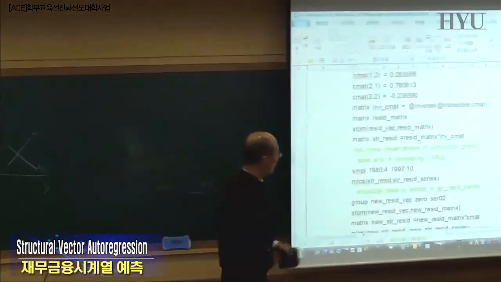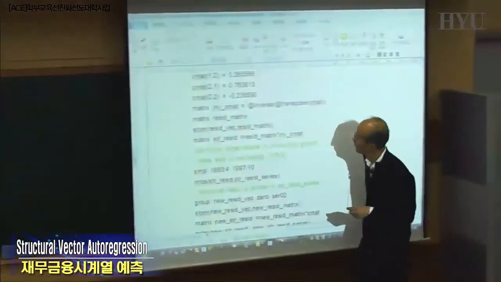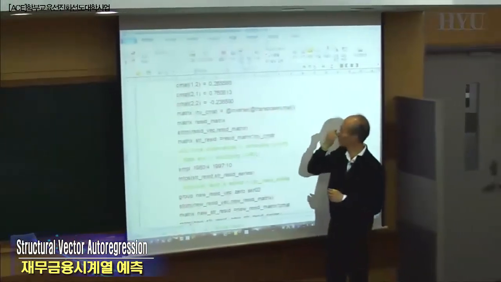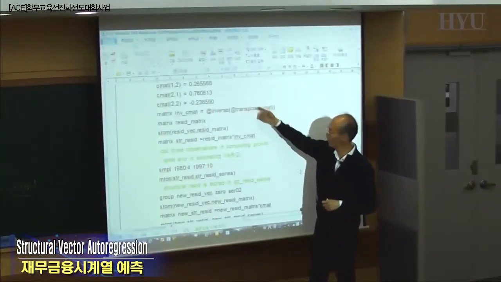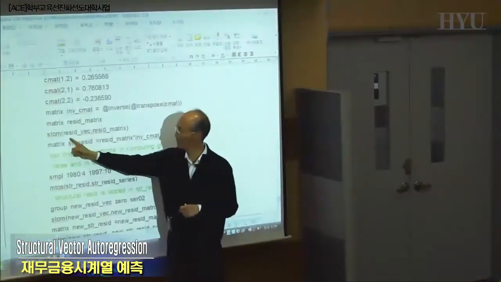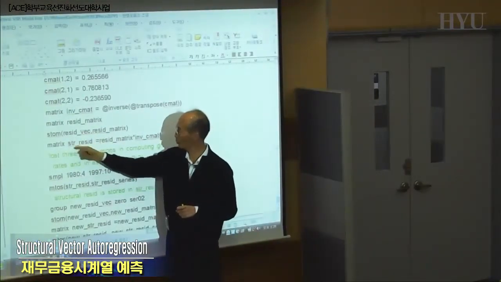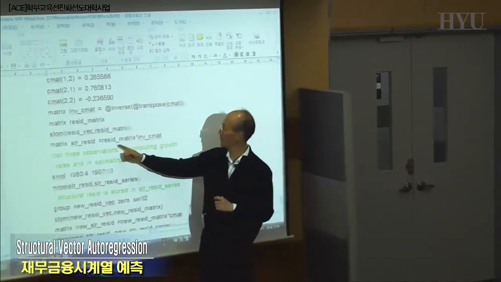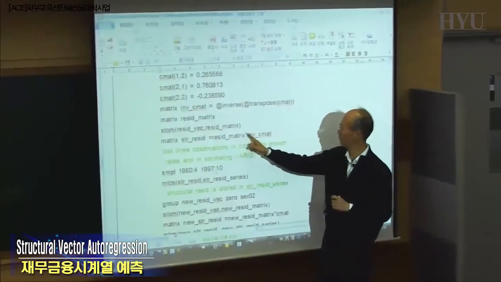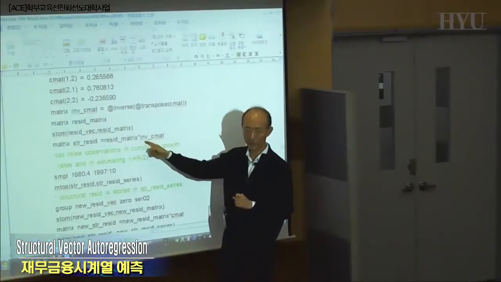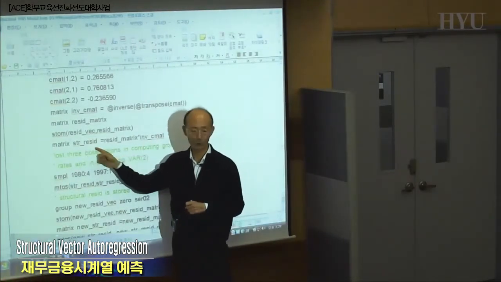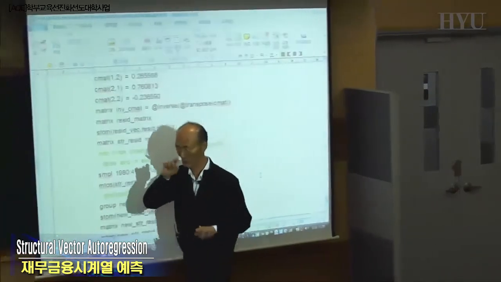Whatever we did in the previous presentation of the relationship, this is the way we calculate the new residual, which is the structural innovation, where you have a residual matrix multiplied by the inverse of the C0 matrix. Then this one is what you're interested in.